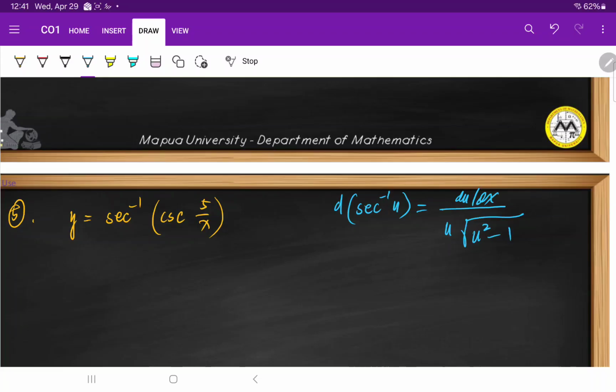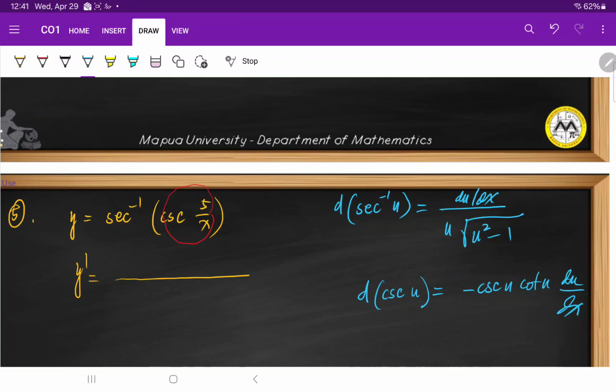So, your u here. So, what's y prime? What should be in the numerator? Now, this is u. So, in the numerator, we get the derivative of cosecant. And what's the derivative of cosecant u? So, it's negative cosecant u, cotangent u, du dx.